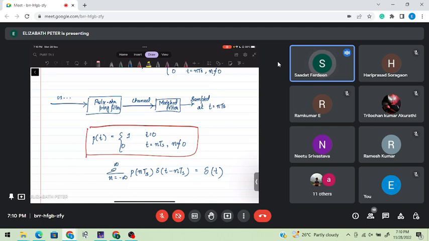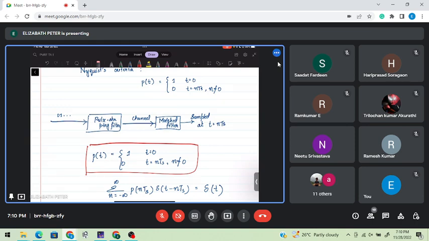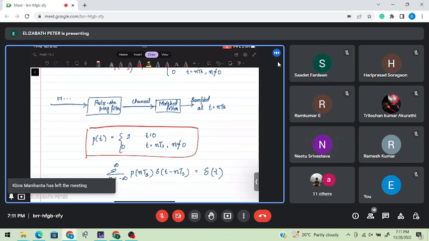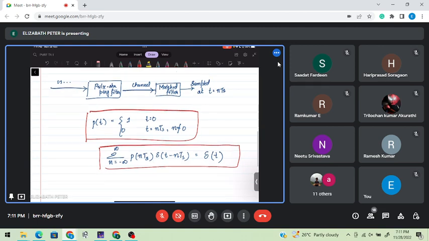According to this Nyquist criterion, p(nTs) has a non-zero value only when n equals 0, right? So this is true. All of you are agreeing with this?